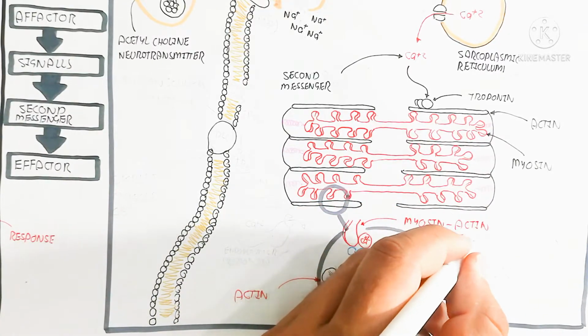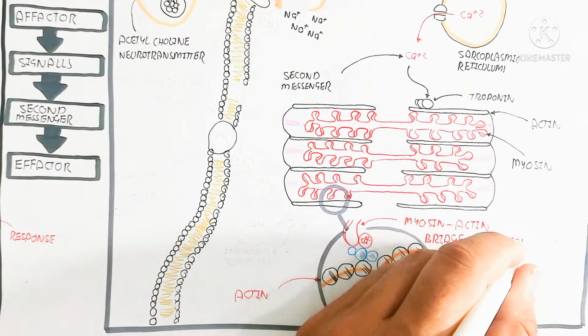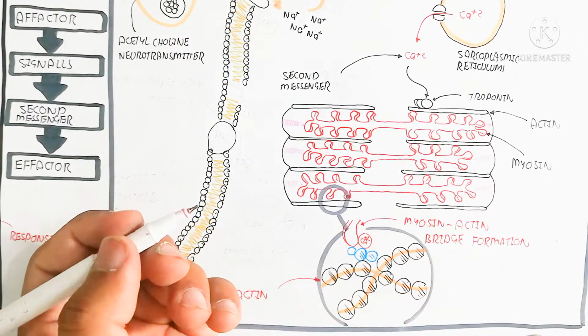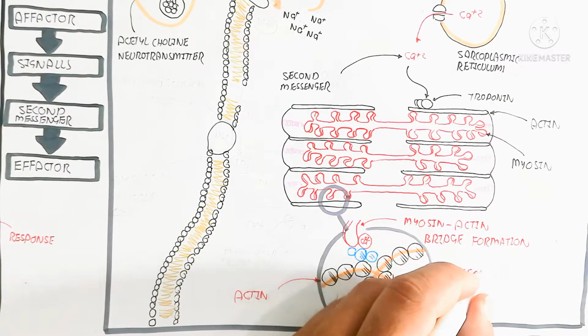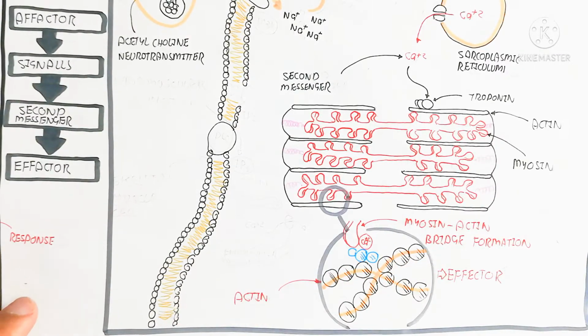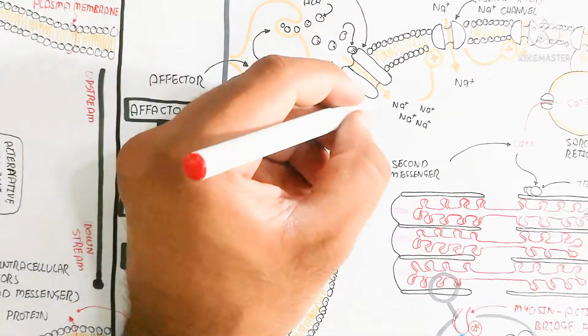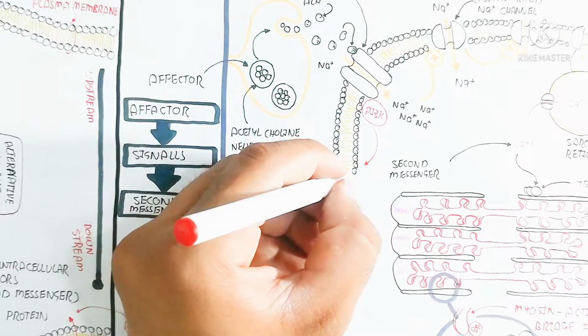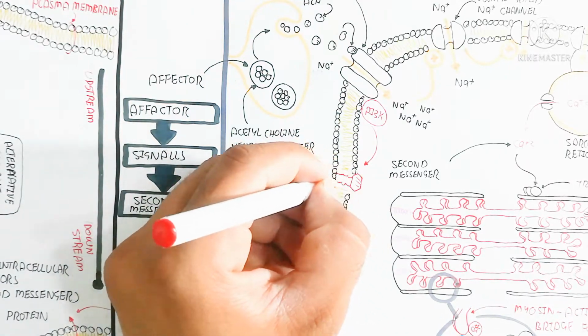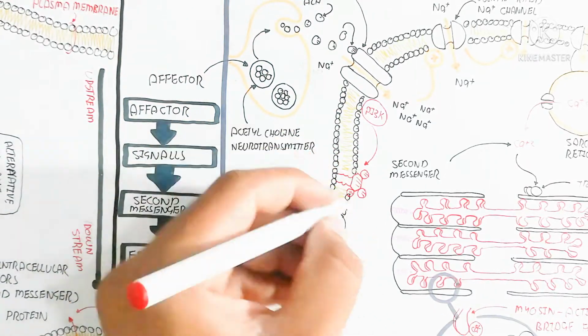This is the model of sarcomere. This myosin and actin bridge formation occurs when the calcium is bound. So calcium will trigger the binding bridge of the myosin and actin due to the troponin binding with the calcium. So the muscle contraction is known as the effector from the neurotransmitter.